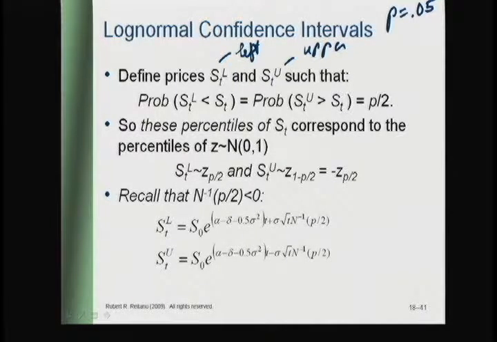So that's why you see here that S_L, the lower or the left end point, and the right end point are defined using only half of p. Again, that's standard in defining confidence intervals. So we'd call this a 95% confidence interval by splitting the probability in half.